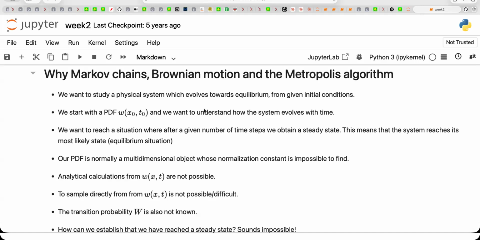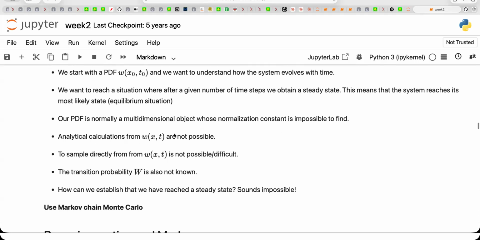So when you start with a PDF, you want to understand how the system evolves with time. And you want to reach a situation where after a given number of time steps, you obtain what's called a steady state. This means that the system has reached this most likely state. Now, this is ideally what you're doing with a Markov chain.